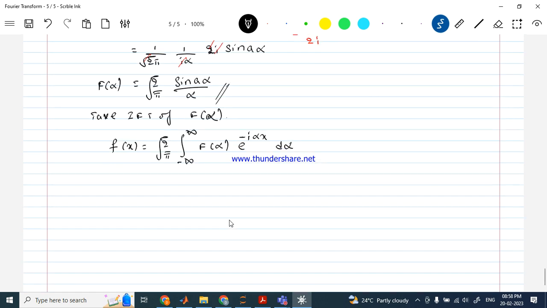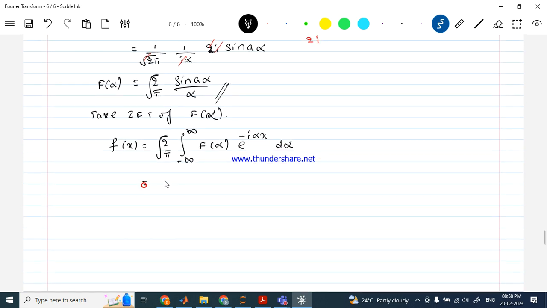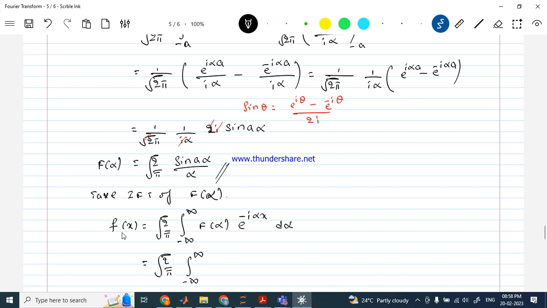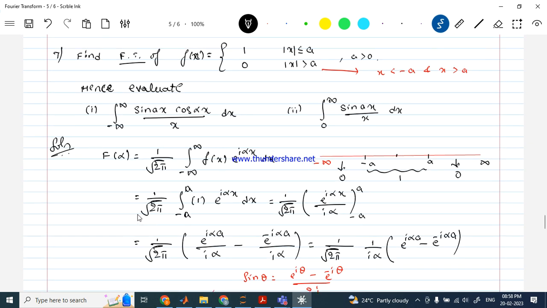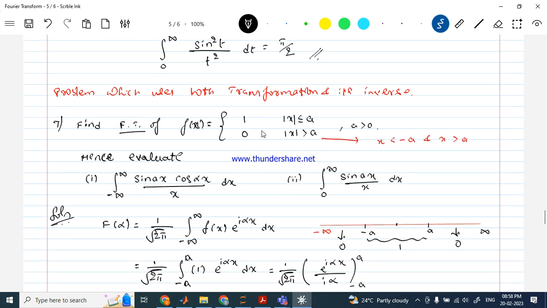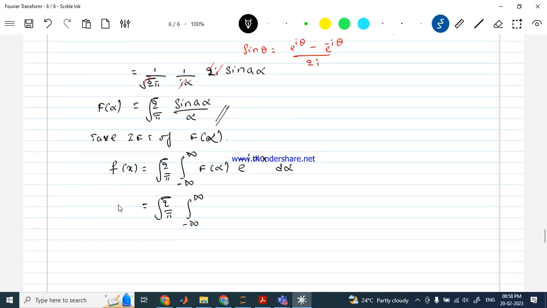See, this part is so simple. Just have a look at this. It is square root of 2 by pi integration minus infinity to plus infinity. Let me substitute these values as well. f of x is the given function. Let me just keep it as it is; in my next step I will substitute f of x. Here I will substitute F of alpha.